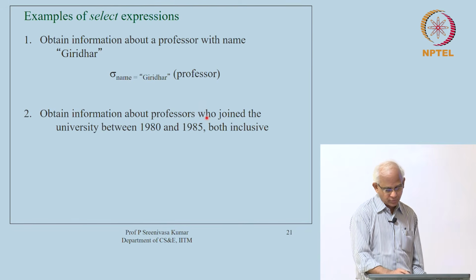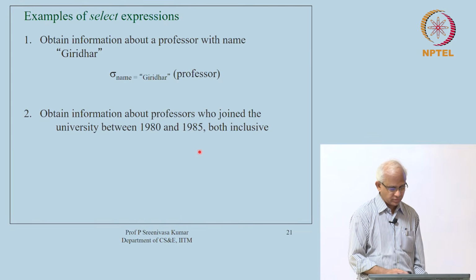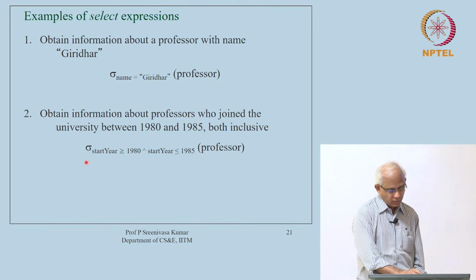So obtain information about professors who joined the university between 80 and 85, both inclusive, some numbers. Okay. So there is a start year attribute in the professor, which says when the professor started working in that particular institute or department to be specific.